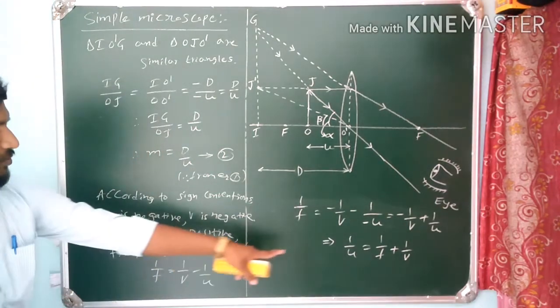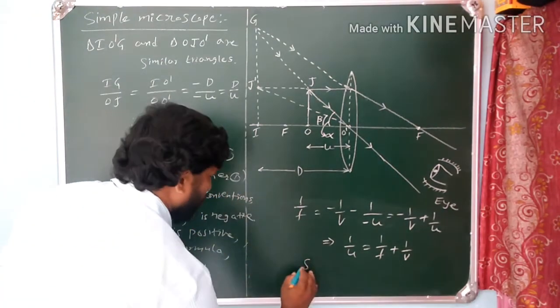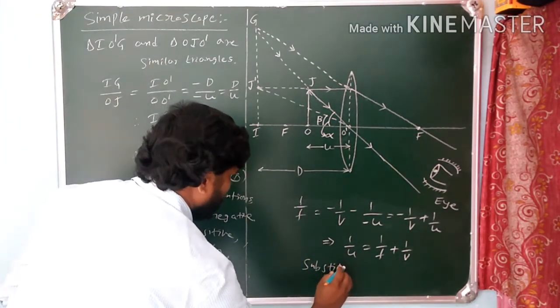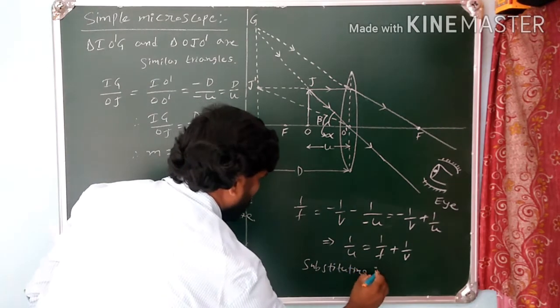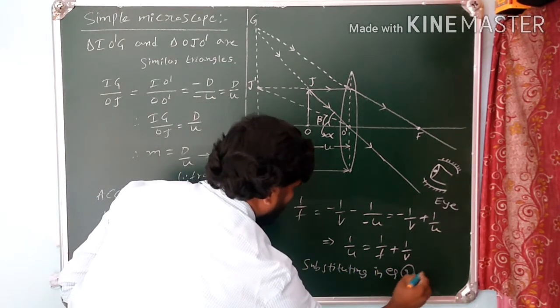Now substitute this 1 by U value in equation 2.